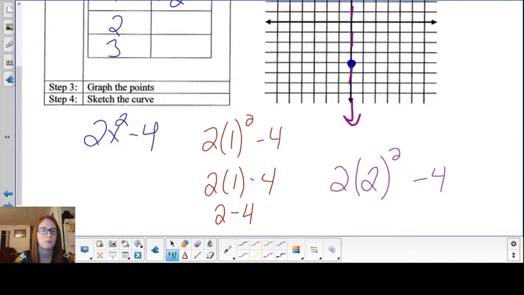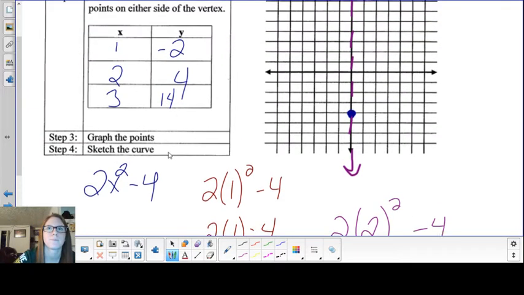Minus 4. Hit enter. You get 4. And then let's see what happens when I plug in 3. I get 14. So again, the last one's not going to be on my graph.